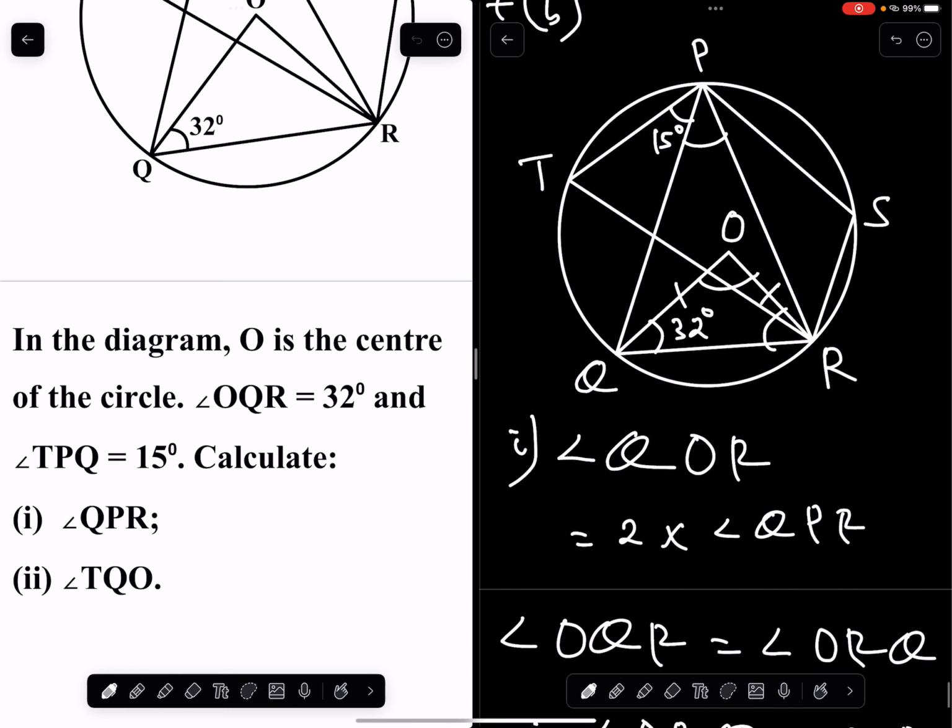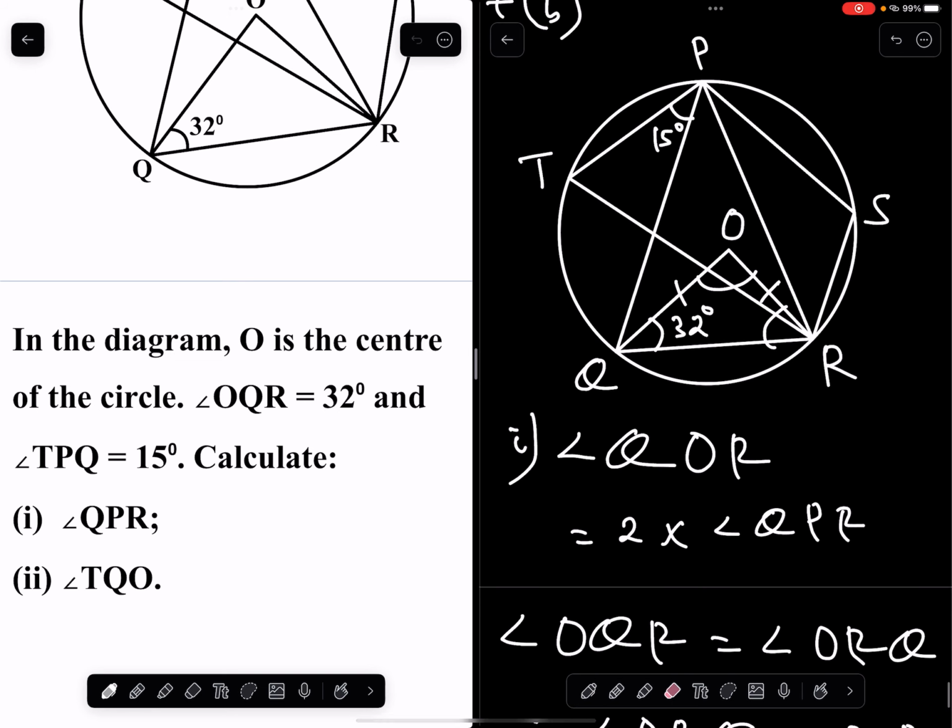So this angle QOR is 116 degrees, and that means angle QPR, which is the one we want to find.